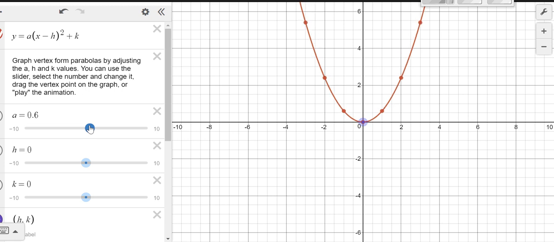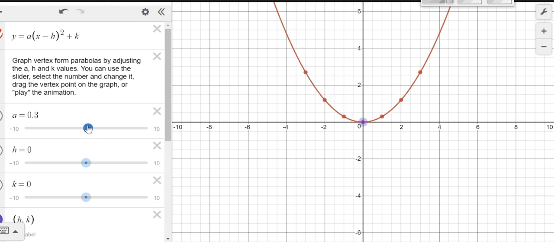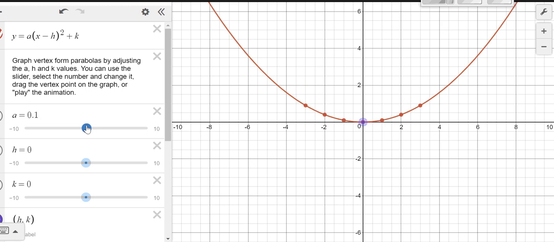And if I keep going smaller and get closer and closer to 0, do you notice how that picture keeps getting wider? Look how wide that one is right there. I'm almost to 0, and it's really widened out, right?